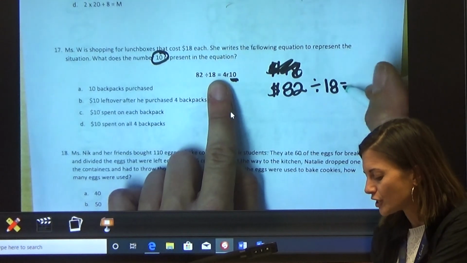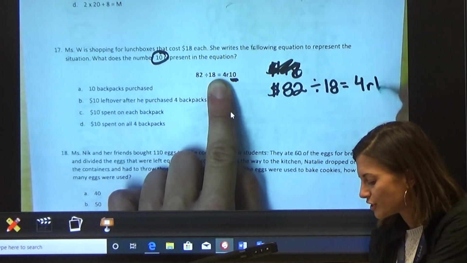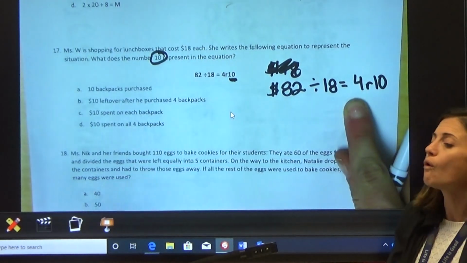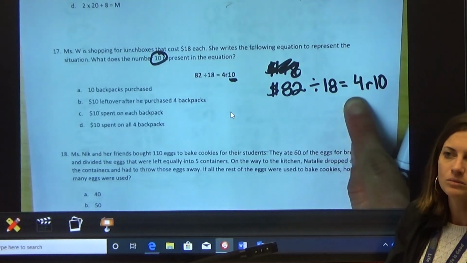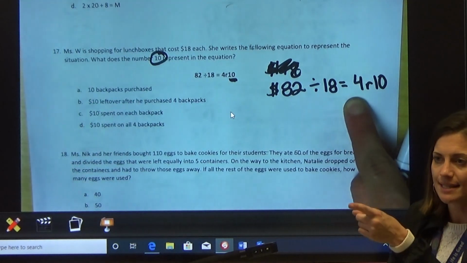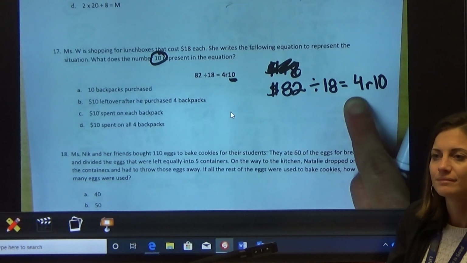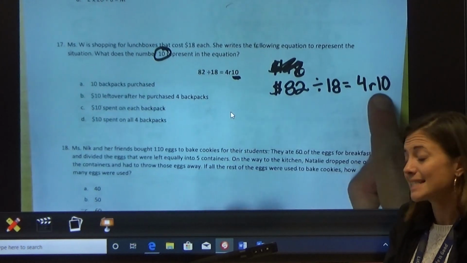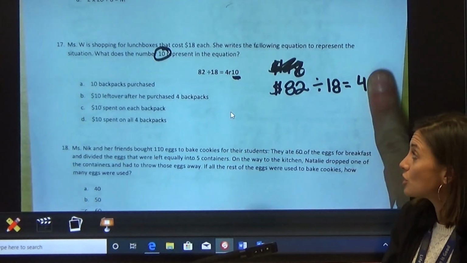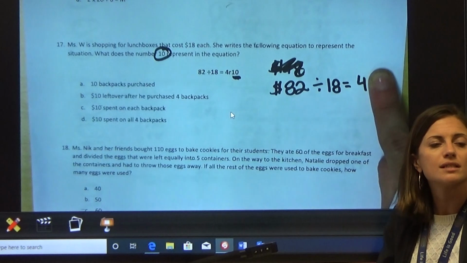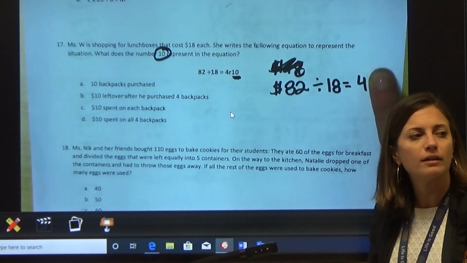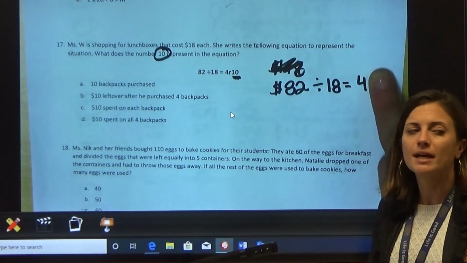So if her answer is 4, remainder 10, what does the 4 represent? What do you think the 4 represents? Well, the remainder is the 10 part, but right now we're just talking about 4. What is the 4 in this situation? I'm not checking it yet.